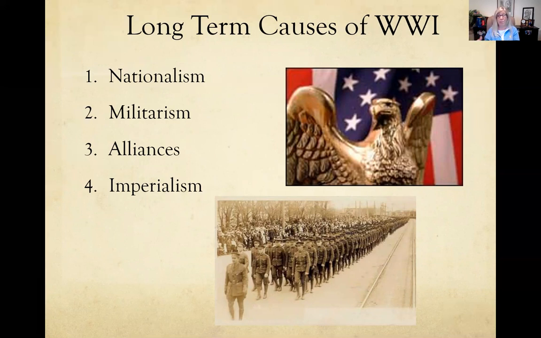But if you're the one that has backup, you're probably going to be more aggressive, which is what ends up happening with the alliances. And then also imperialism, this competition for land and access and securing trading rights in certain areas, the competition and the rivalry with the colonies around the world, all of this is just adding to the constant tension between countries in Europe.